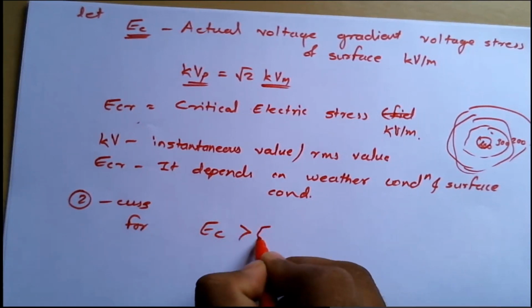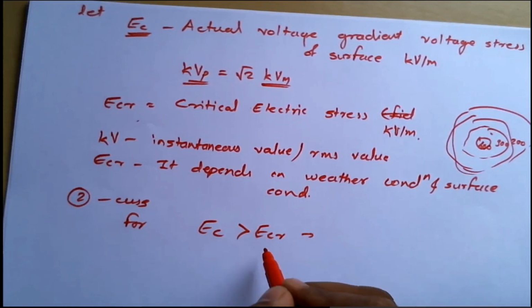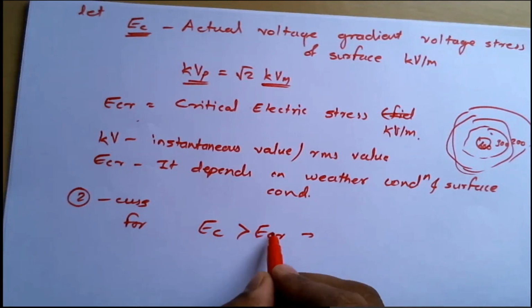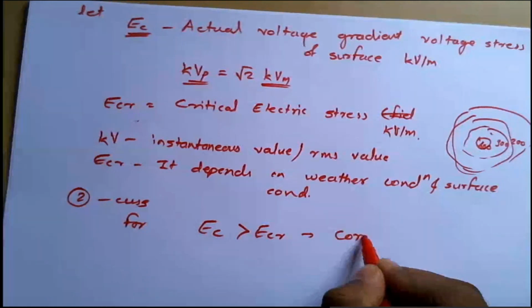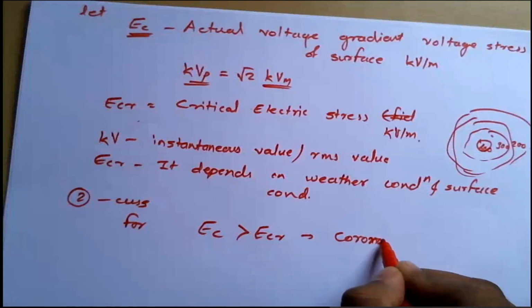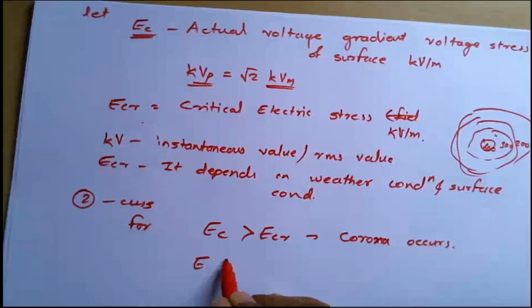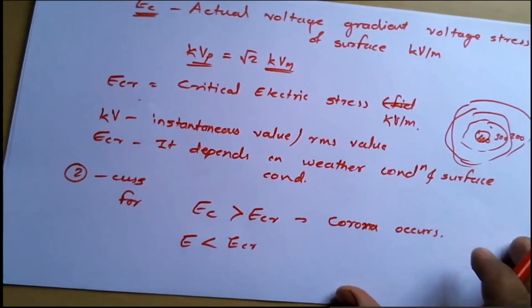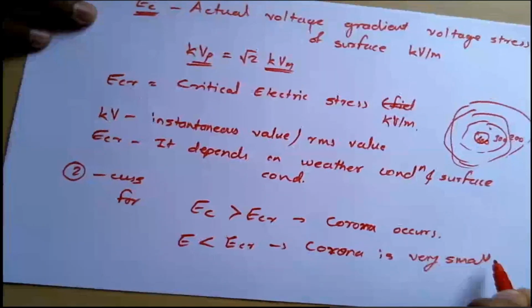If this EC is greater than ECR, see, what is ECR? It is the minimum voltage required for the air to get ionized. आणि जे operating voltage आहे EC, हे ECR पेक्षा जास्त असेल तर corona occur होईल का नाही होणार? It will occur. Corona occurs. And if this EC is lesser than ECR, what will happen? The corona is negligibly small and it can be ignored.